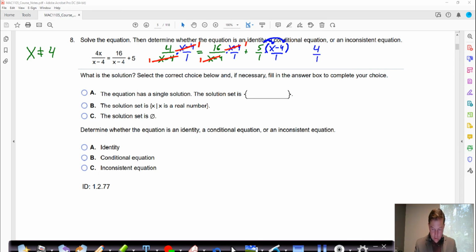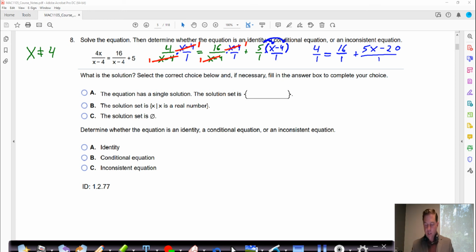And then the equal sign. Okay, what's left out of this mess? We've got a 16 times a red 1, so it's 16 on top, divided by red 1 times blue 1, just 1 times 1. Now we have this green 5 has to distribute, so we have 5 times x, which is 5x, 5 times minus 4, which is minus 20, all over 1 times 1, which is 1.